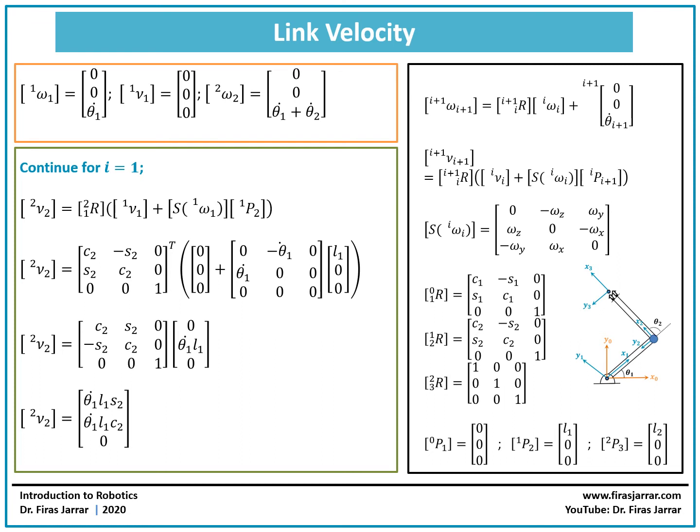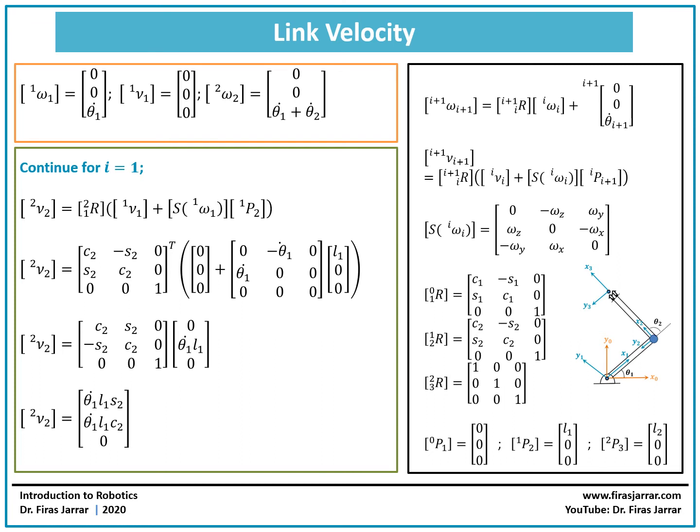We substitute 0 here, 0 here. And for omega z, it is going to be theta 1 dot. So we have theta 1 dot and theta 1 dot. And so this is the skew symmetric matrix for link 1. This is multiplied by P, the position of frame 2 with respect to frame 1, which we extracted before. So we have it here.